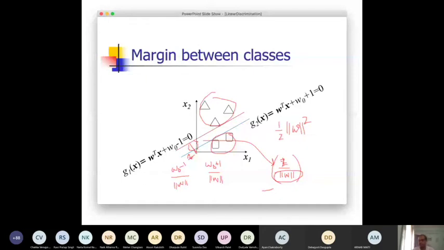We'll be optimizing that quadratic form, subject to the constraints I mentioned. So this is the optimization problem.